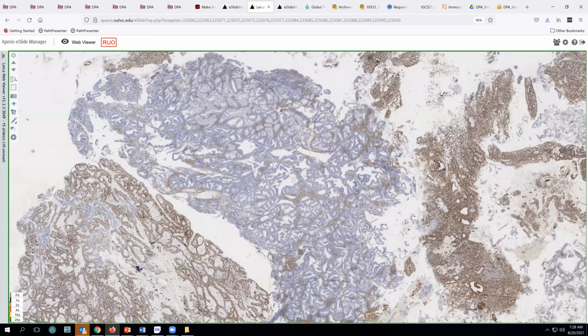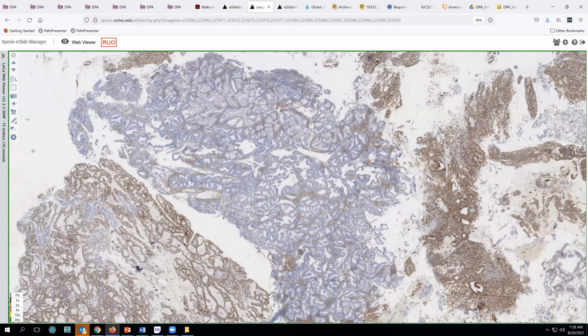If they have lost one of these mismatch repair proteins and they're unstable, most likely this is due to hypermethylation, but they would still potentially, at least in this portion of the tumor, be more responsive to immune modulatory agents, such as pembrolizumab.